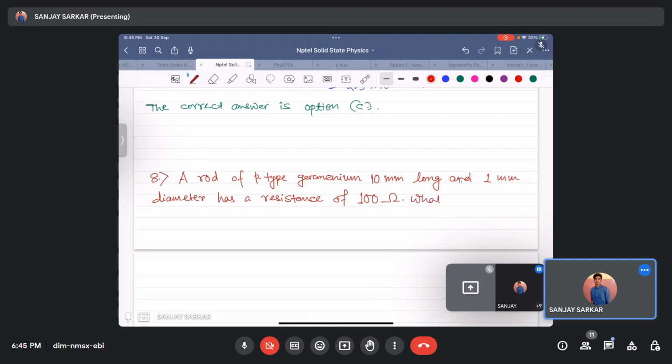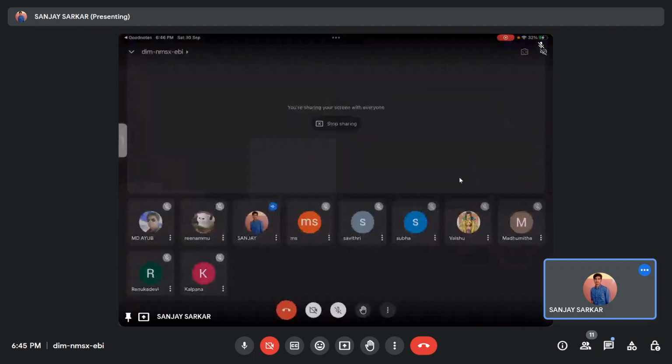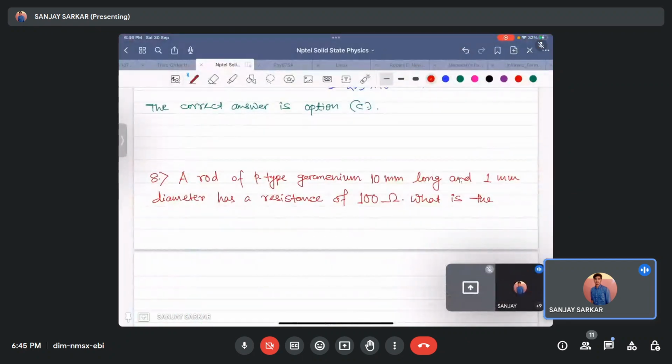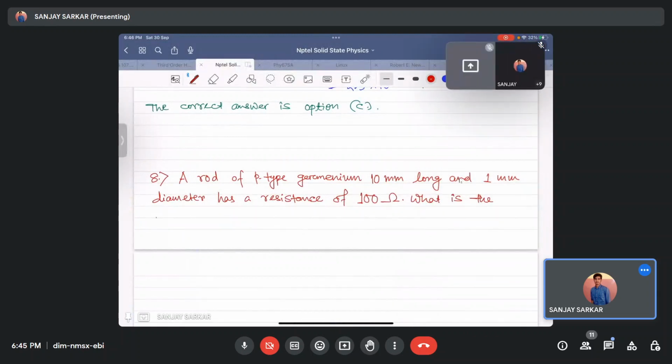Then what is the concentration of the impurity in this rod?